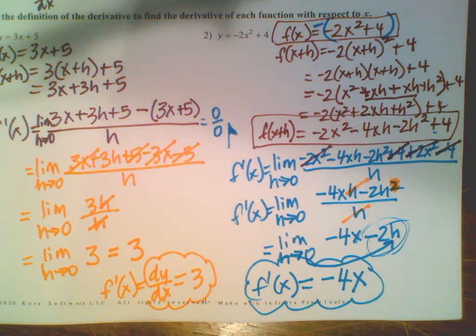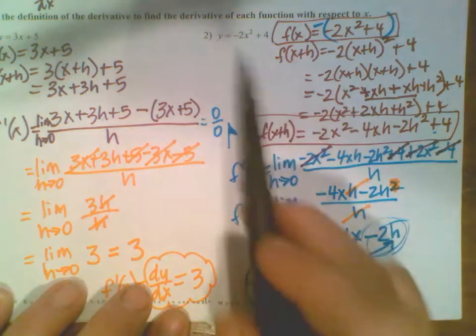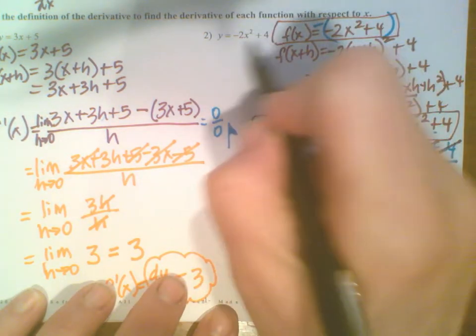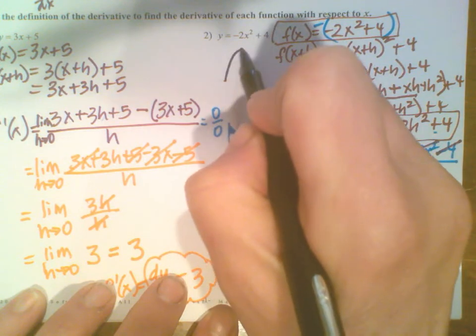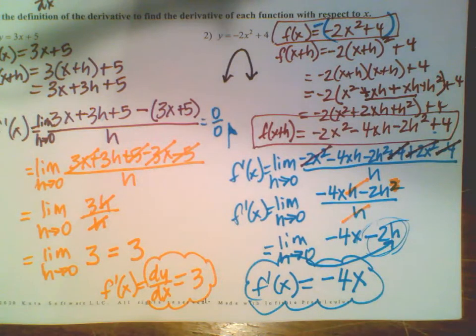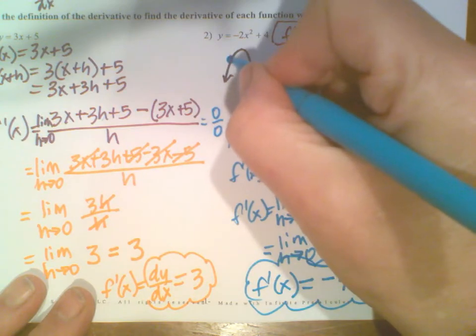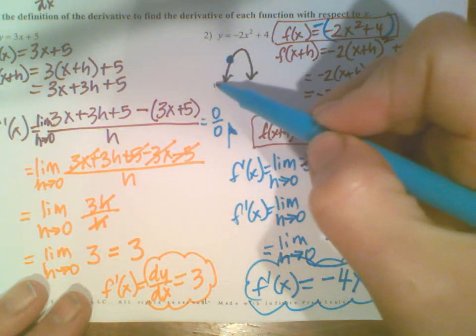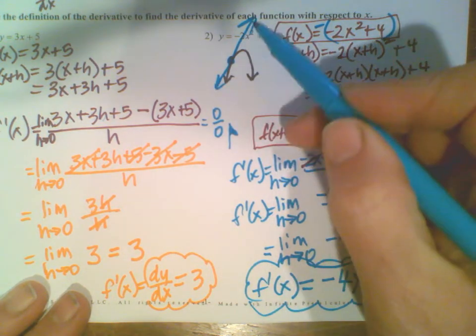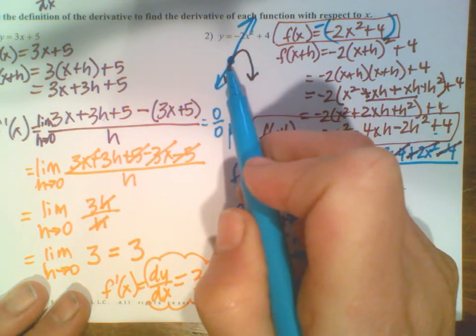I'm not going to spend too much time on that, but hopefully it makes a little sense if you think about what this is. This is a parabola that opens down. So it's a parabola that opens downward. And if I put a point on this function at any given spot, let's say I put a point right there and I draw a tangent line, notice that my slope is positive. So the point right here would have a positive slope.